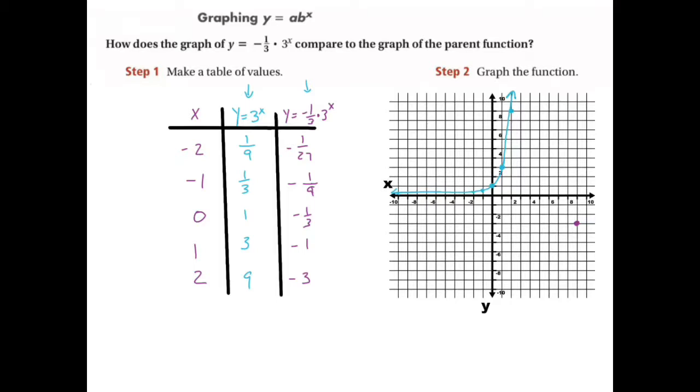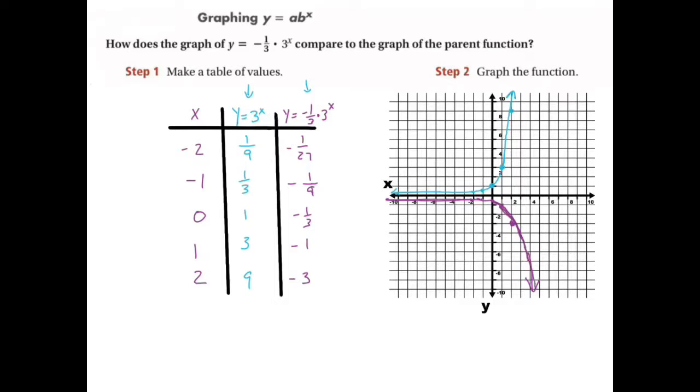Oh, put that one in the wrong spot. There we go. So we see that our transformed graph here in purple, not yellow, is flipped over the x-axis.